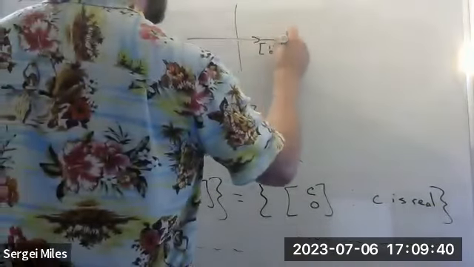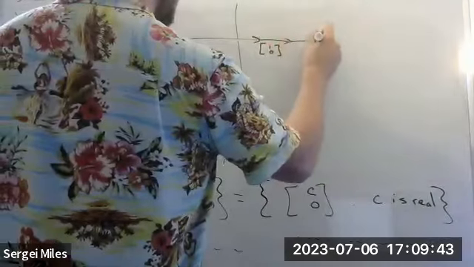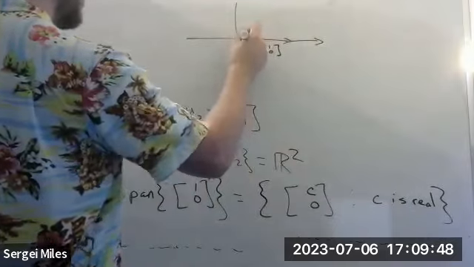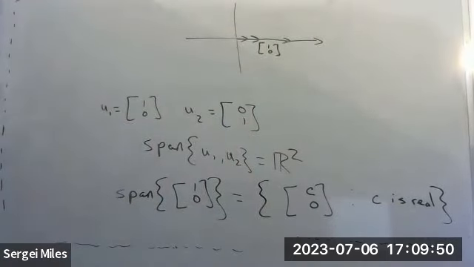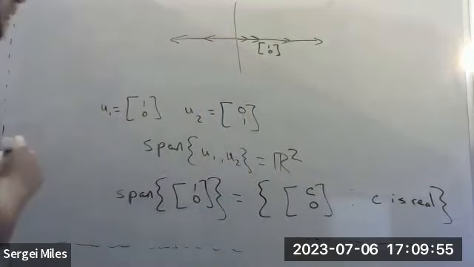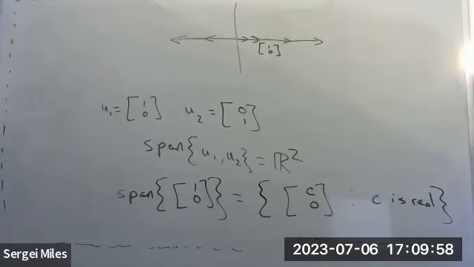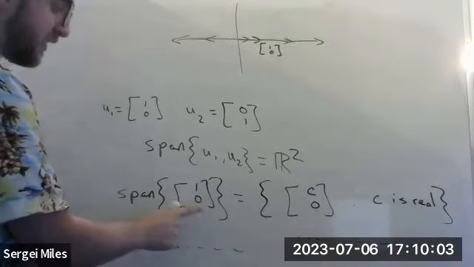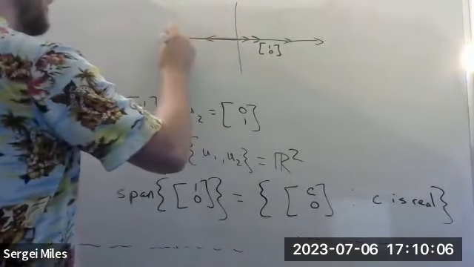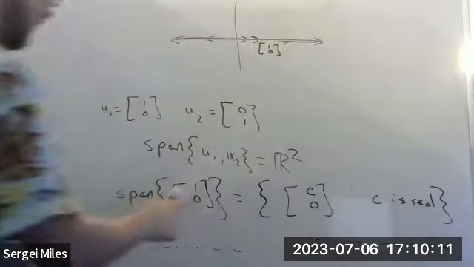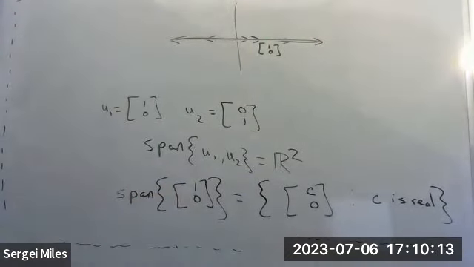I can double it, or triple it, or shrink it by 1/2. I could flip it in the negative direction, or make it go more negative. But no matter what I multiply this vector by, no matter what linear combination I take of this single vector, I can't go anywhere besides the x-axis. So the span of this single vector is not going to be all of R2.